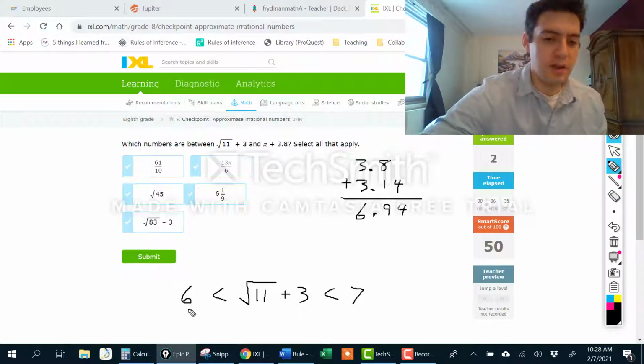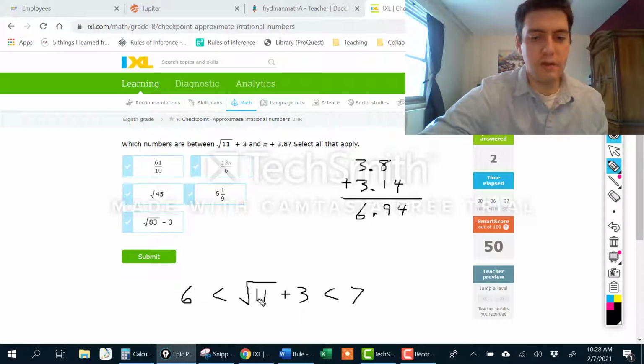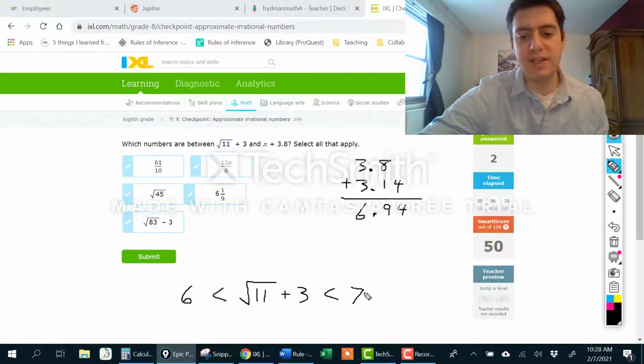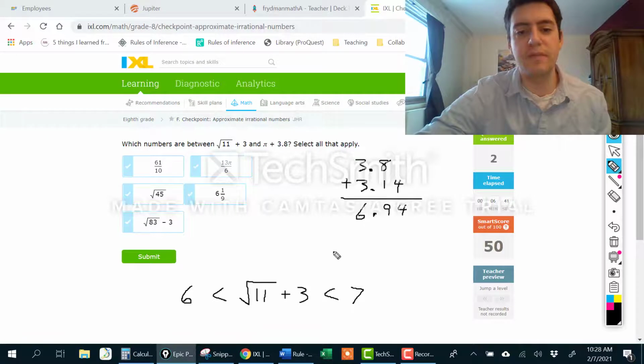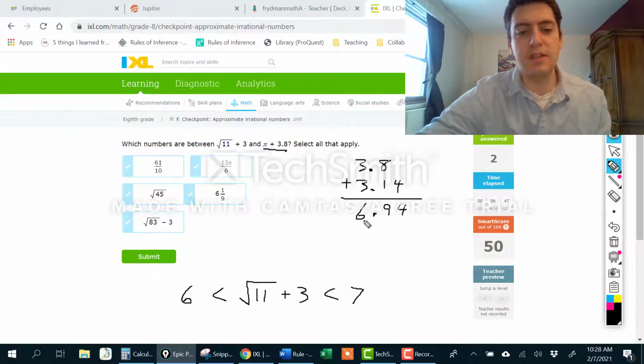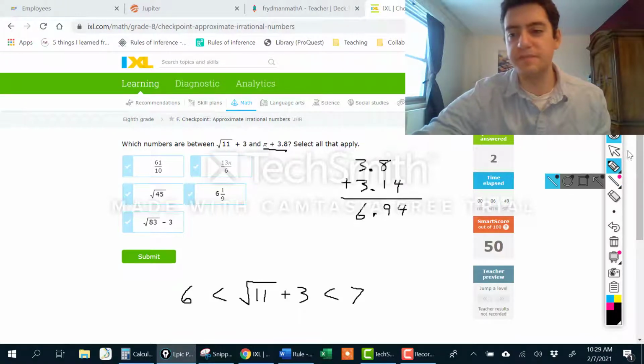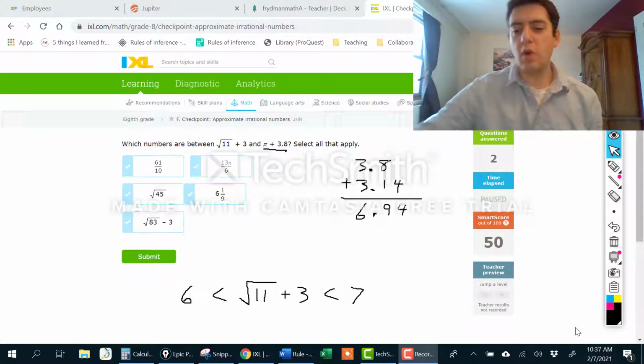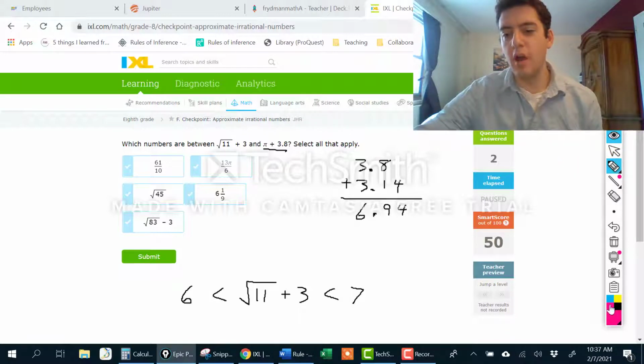I know that the square root of 11 plus 3 is between 6 and 7, so 6 point something, and this expression, pi plus 3.8, is also 6 point something. It's 6.94. Okay, so what do we have so far?